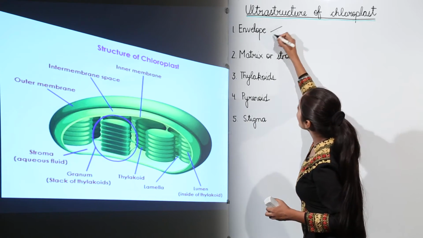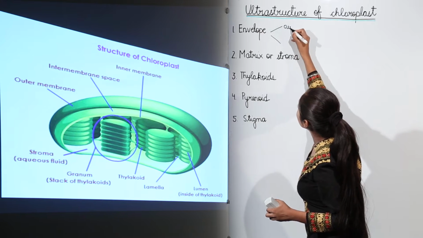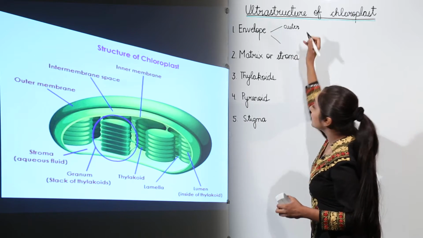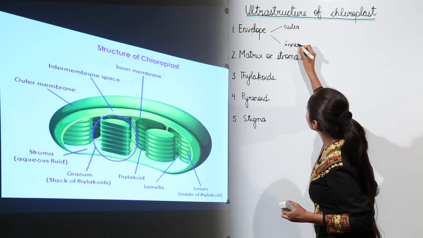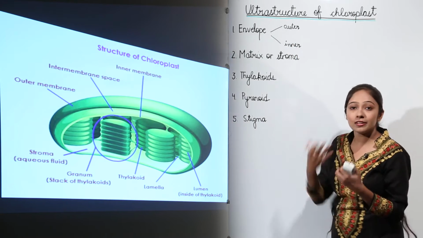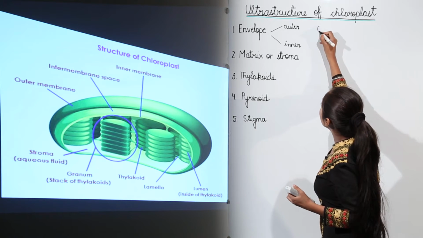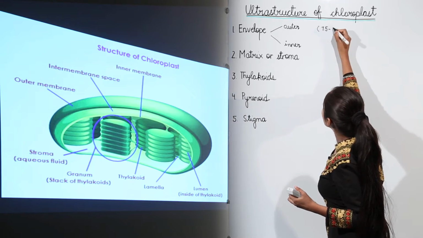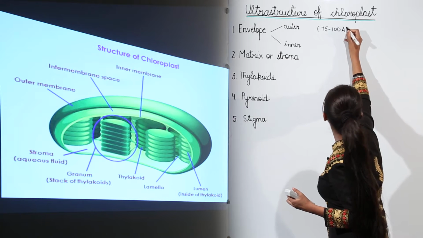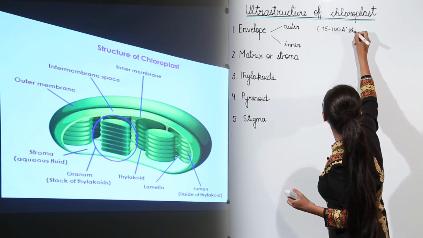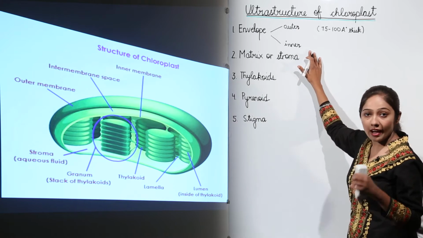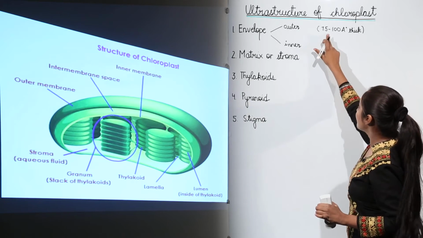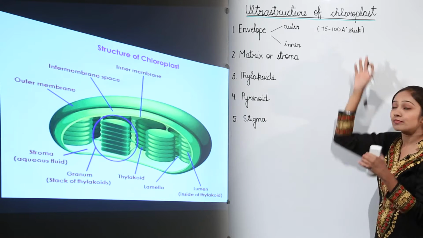One is the outer membrane and the other is the inner membrane. And this outer and inner membrane are approximately 75 to 100 angstrom thick.